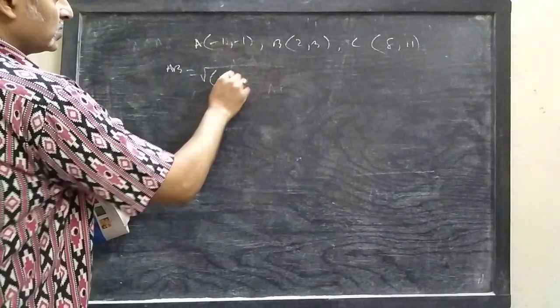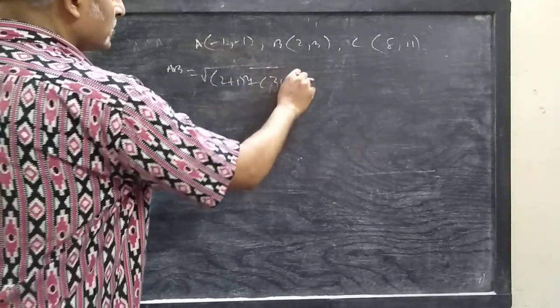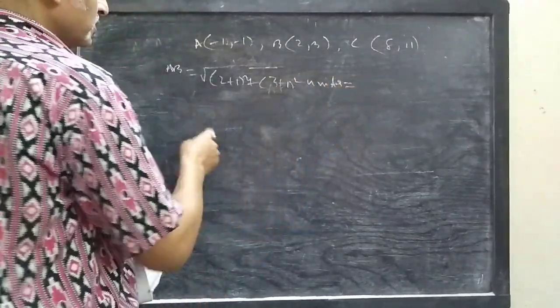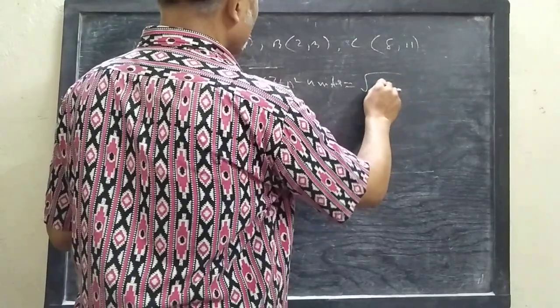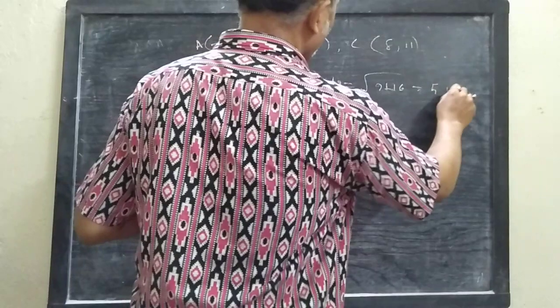AB is square root of 2 plus 1 whole square, 3 plus 1 whole square units. 2 plus 1 whole square, that is 9, 3 plus 1 squared, that is 16, so this will be 5 units.